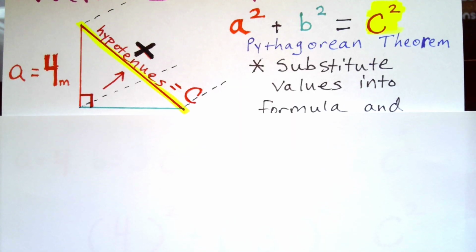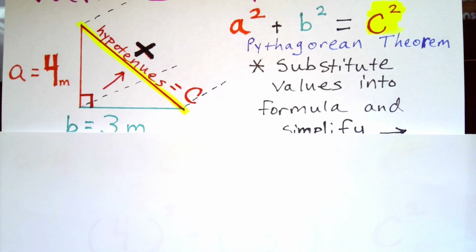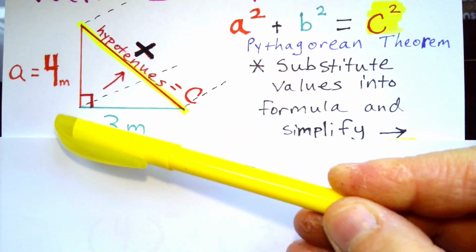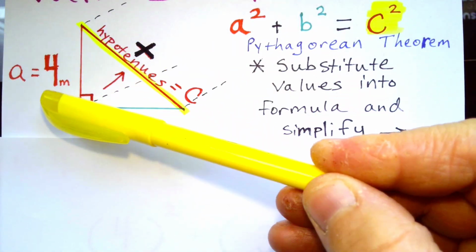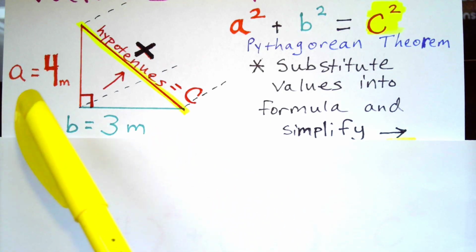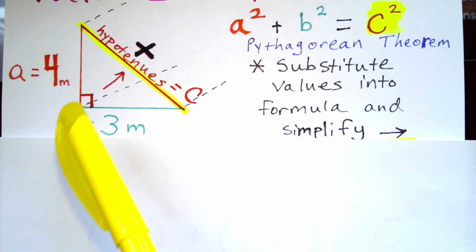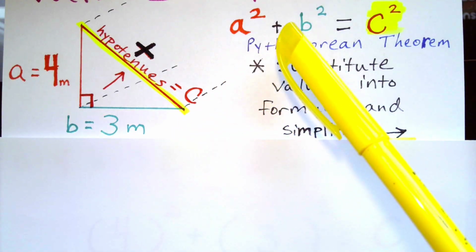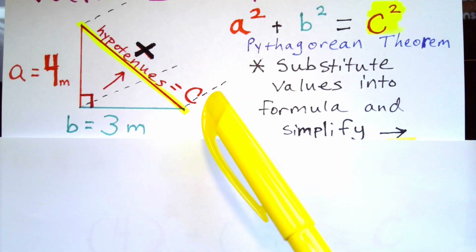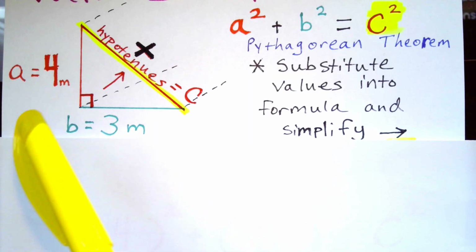Okay? So as you can see right here, we have A labeled 4 meters, right? And I got that value 4 meters from the very first video where we have 4, 3, and then the height was labeled 8 meters, right? 8 meters, 3 meters, 4 meters.